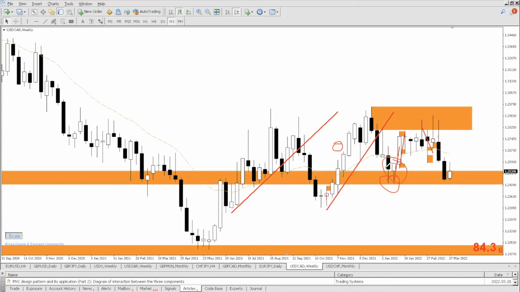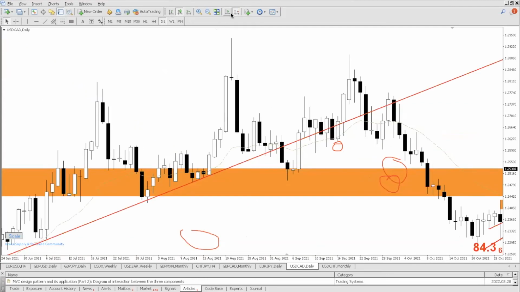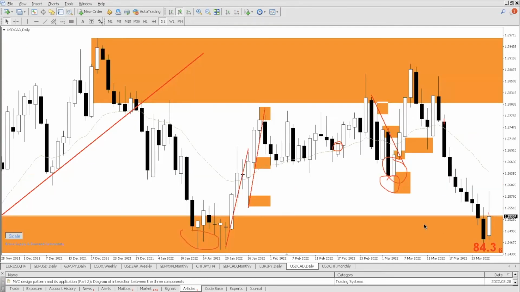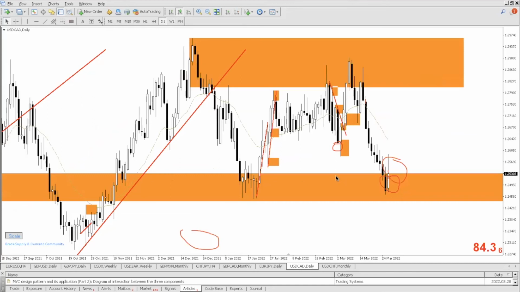Because there's a supply here. If this area is removed, we expect it to go down further. Like if you go on the daily still, look here, it's penetrating. Yeah, high possibility that this area can be removed, and then we go much further on the downside.